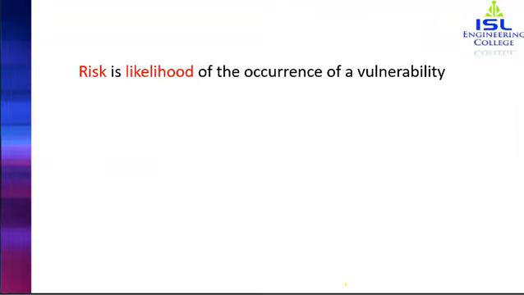Now, within risk assessment, what is risk? Risk is the likelihood of the occurrence of a vulnerability. Now, you might be wondering what is likelihood. Likelihood is the probability that a specific vulnerability will be the object of a successful attack. Now what is a vulnerability? A specific vulnerability is basically a weakness in a specific program.